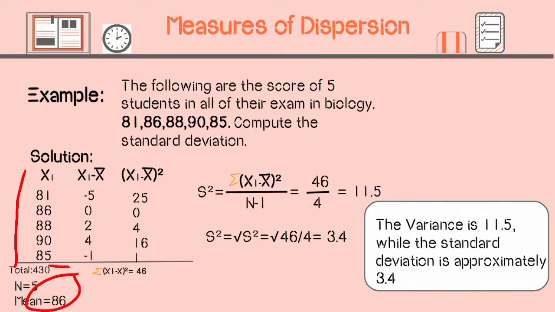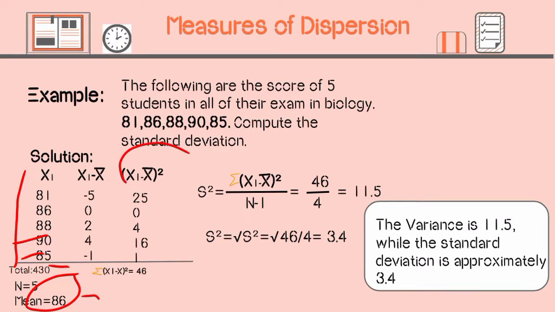So, para makuha ang x sub i minus the mean, we're going to subtract. Okay po. 81 minus 86 is equal to negative 5, 86 minus 86 is equal to 0, 88 minus 86 is equal to 2, 90 minus 86 is equal to 4, and 85 minus 86 is equal to negative 1.